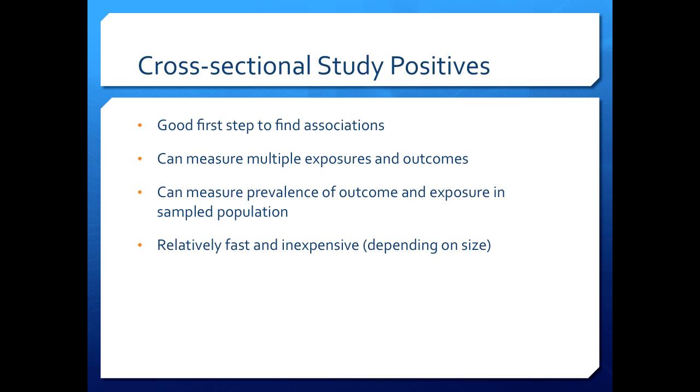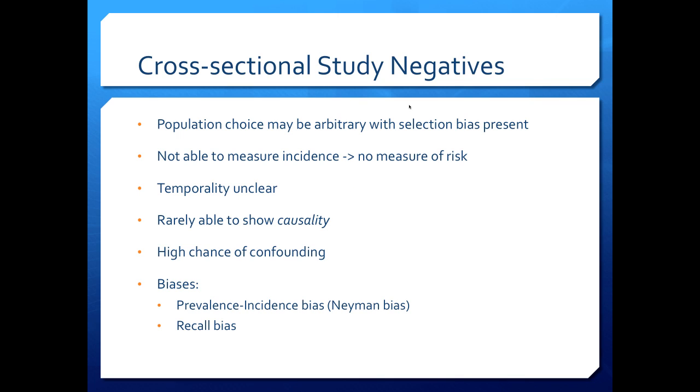The drawbacks of a cross-sectional study are there may be significant selection bias in the sampling of the study population. Since this measures prevalence and not incidence, there's no true measure of risk. Information about the outcome and exposure were collected at the same time, so temporality is unclear.